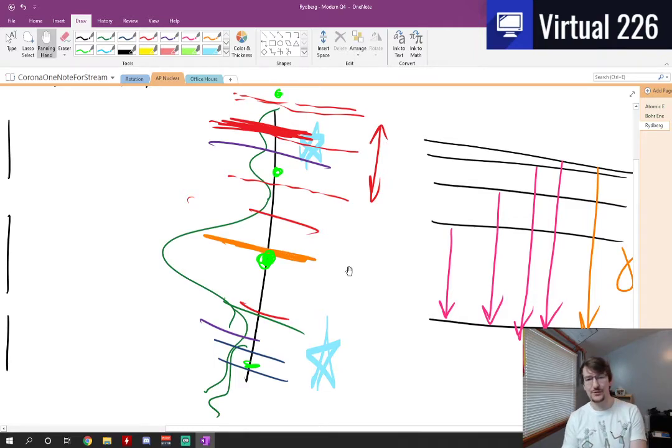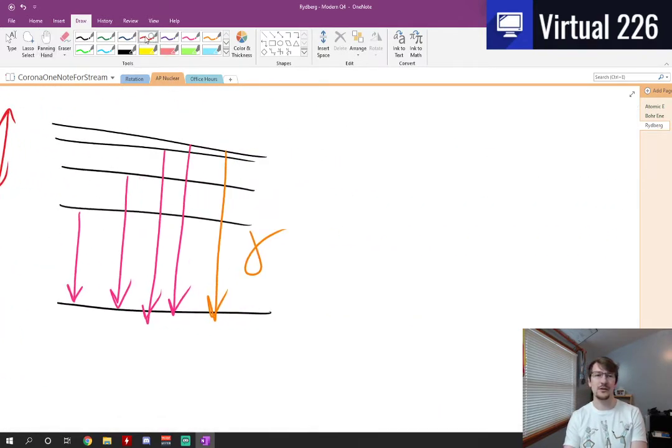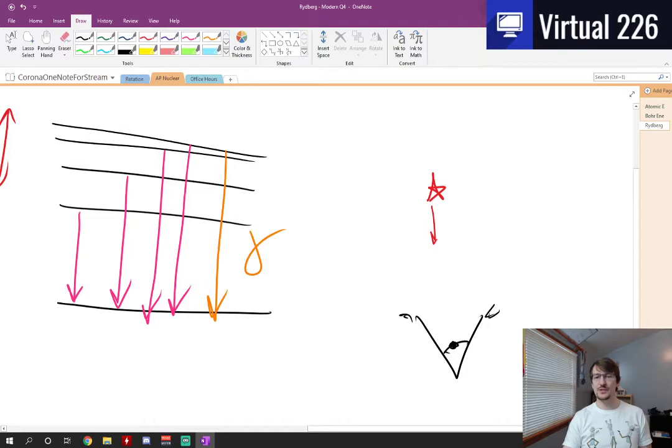Well, what that tells you is that the star, we'll put the star here in red, is actually moving. If your eye is down here, then this tells you that the star is moving towards you at some times, and at other times the star itself is moving away from you.